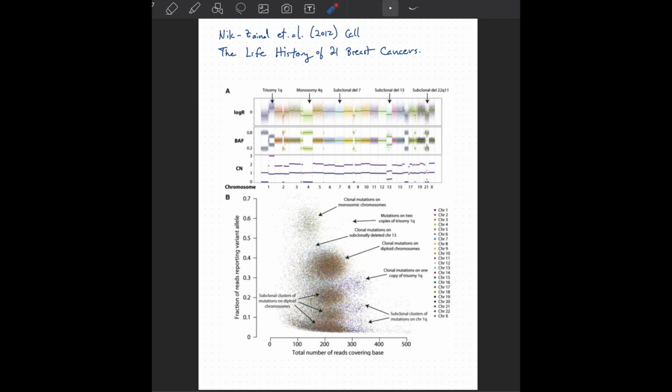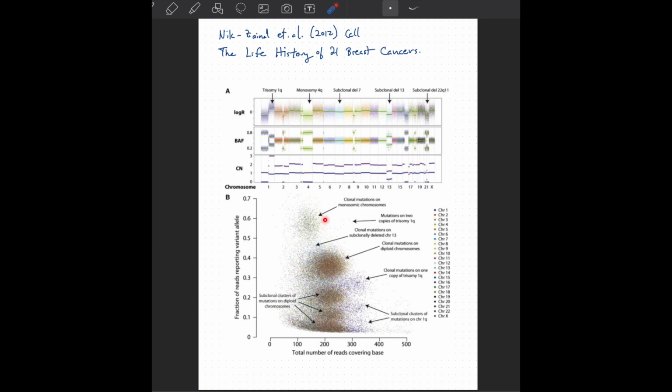Different regions of the genome have been lost, and presumably there's a loss of heterozygosity in places. And here you can see the number of reads that cover each base. Of course, with DNA-seq, like our metagenomics, the number of reads is basically going to be proportional to whether it's monosomy or trisomy, et cetera.